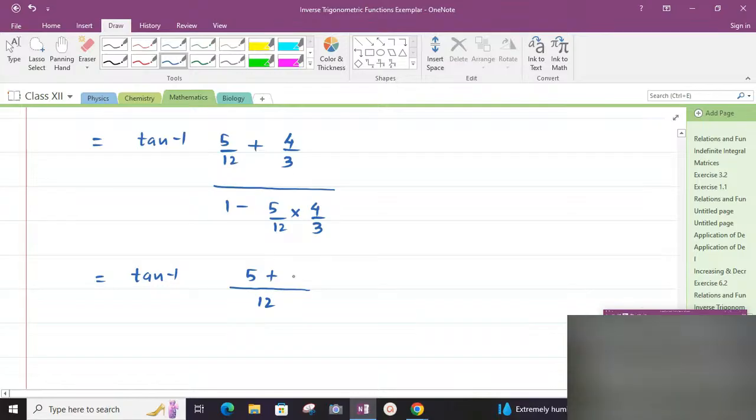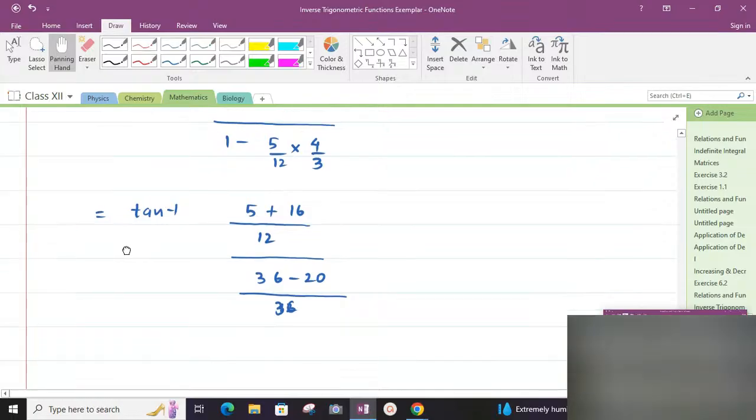So 4 times 4 here will be 16, and the multiplication of the denominators will be 36. So we write down here 36, and here 36 minus 20. Hope there is no problem understanding up to this step.